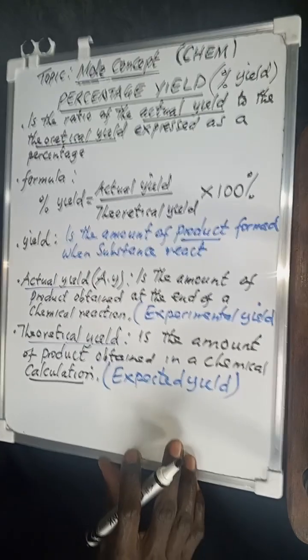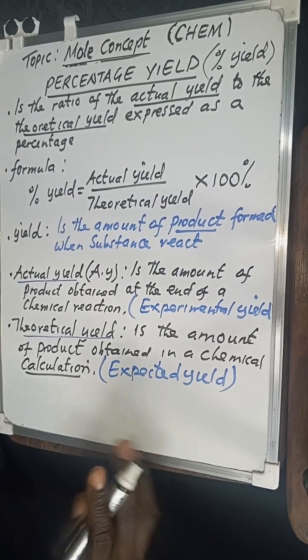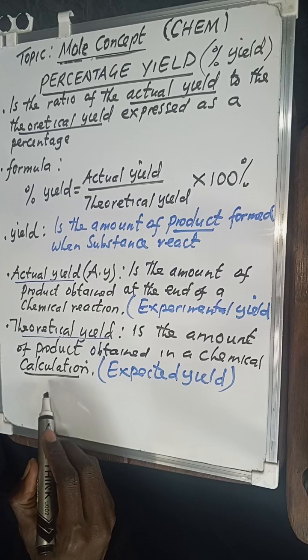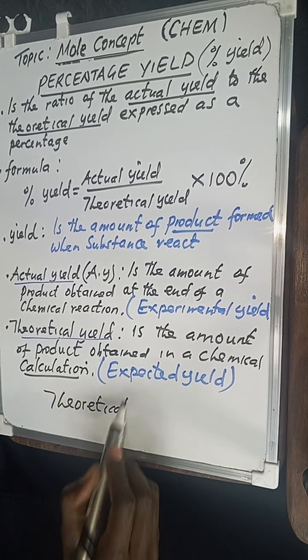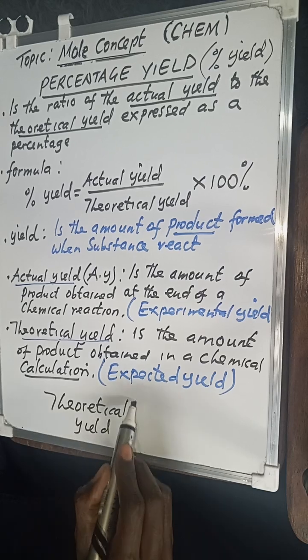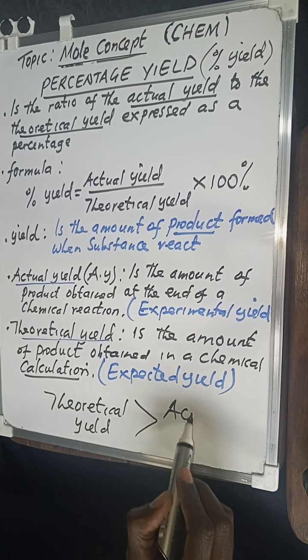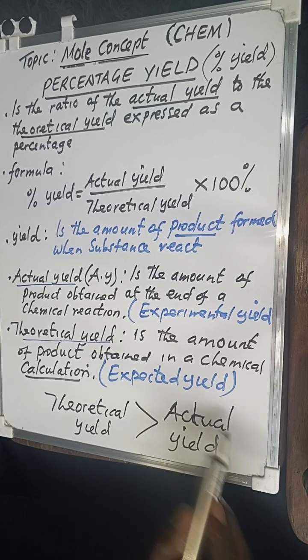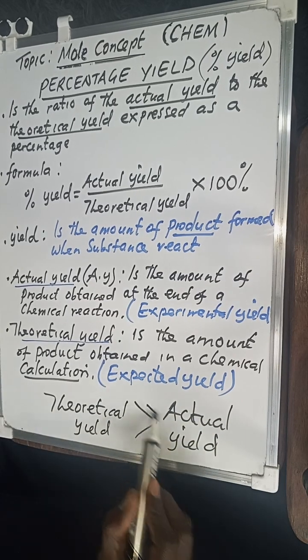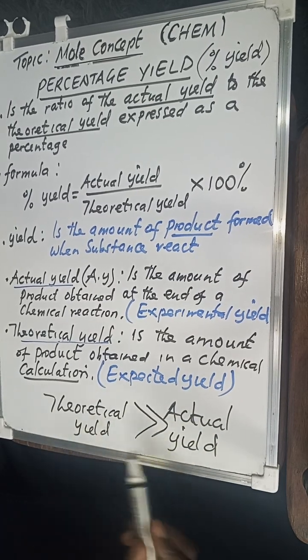Now I want you to take note of something here. You are going to find that the theoretical yield will always be greater than the actual yield. It will always be greater. Why is it going to be greater than the actual yield?